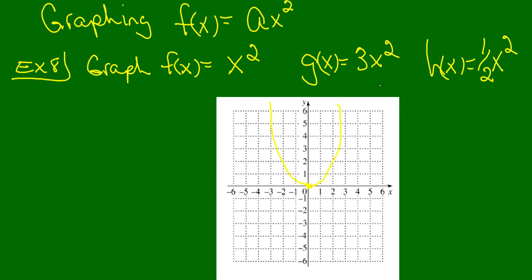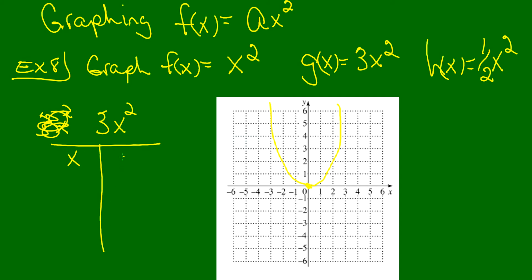So what I want to do is take some points for that. I'm going to plot some points, just so we can see it. So taking g of x equals 3x squared, I can make a little t-chart here, x and then y.